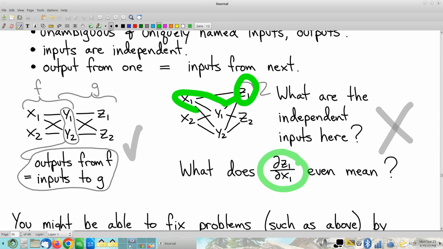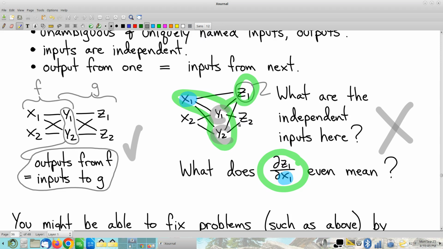z1 is a function of, it seems, three different variables. If I'm going to take the partial with respect to x1, that means that x1 is going to be my variable, and I'm supposed to hold y1 and y2 constant. But check it out, I can't.